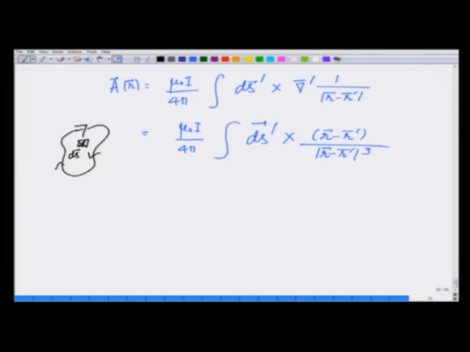Now, let us take this loop to be very, very small. And what do we mean by small? That means the magnitude of r prime is always much, much less than r.